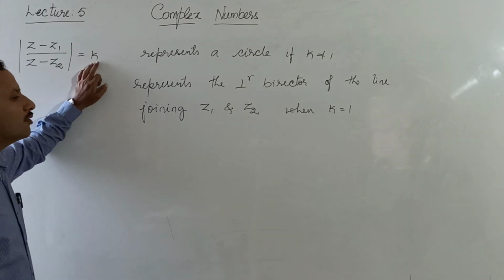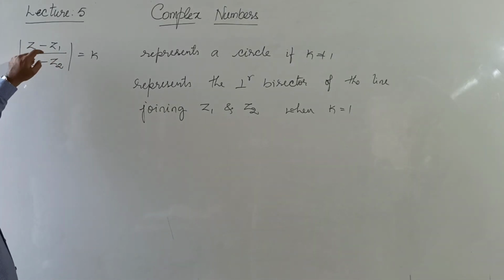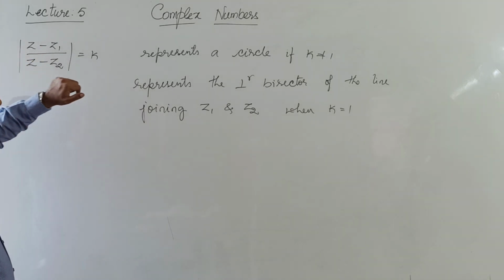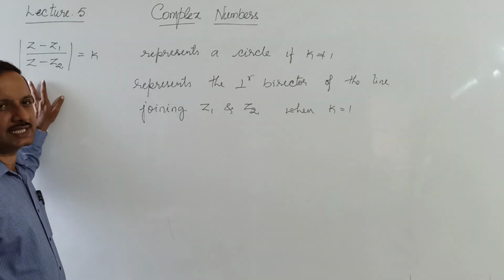If this k is equal to 1, it represents the perpendicular bisector of the line joining z1 and z2. And whenever k is not equal to 1, this represents a circle.